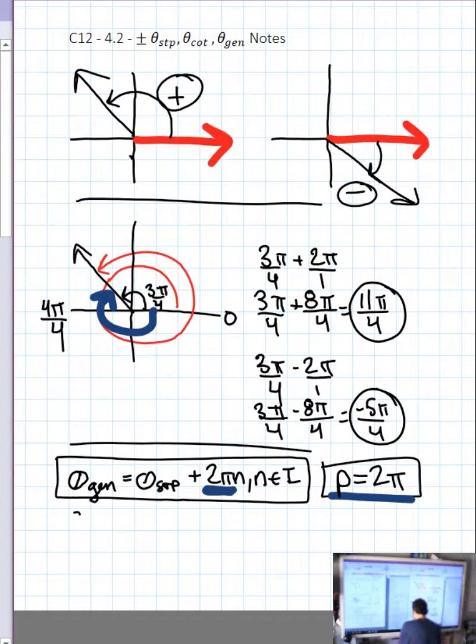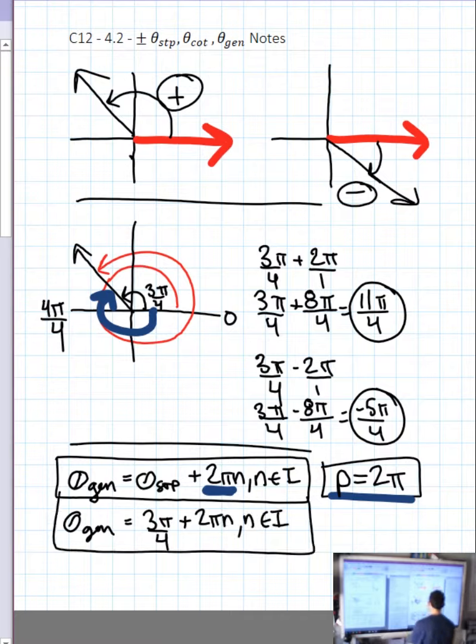And then therefore, theta general is equal to my angle in standard position, 3 pi over 4, the first black arrow that we were working with, plus 2 pi n, comma n an integer, which accounts for every answer in the future. If n is 1, we're adding 2 pi once.